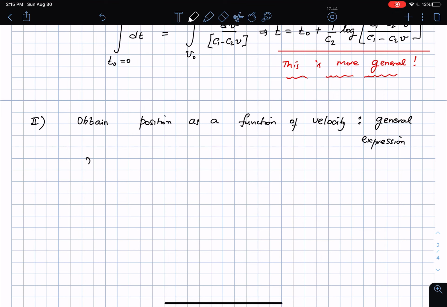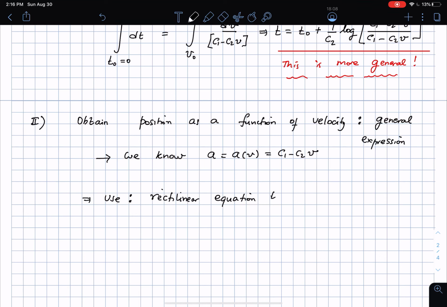So we know acceleration is a function of velocity, so that's c1 minus c2 v, which means use the rectilinear equation that relates acceleration, velocity and position.